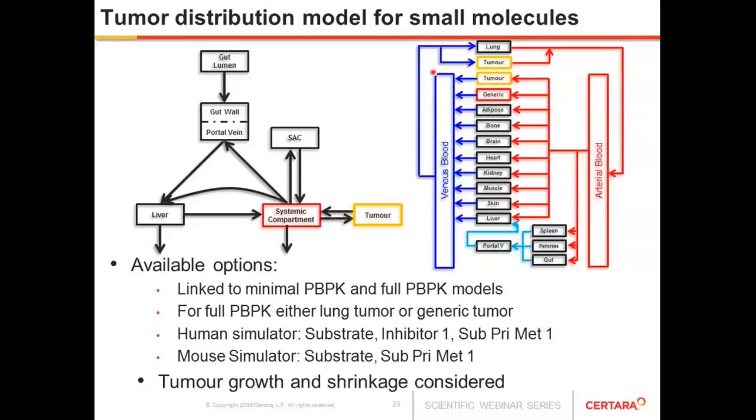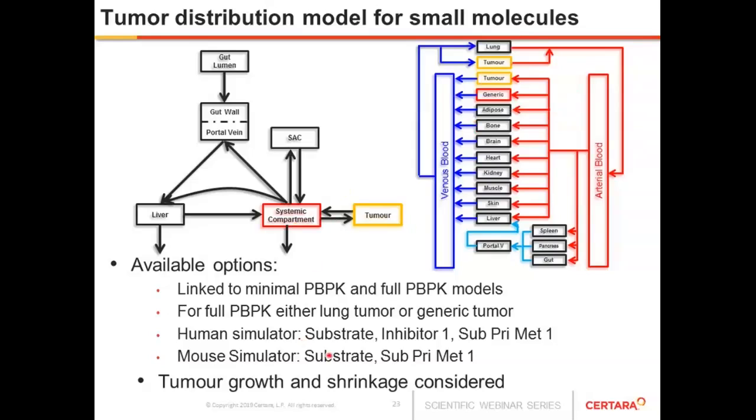Or in the full PBPK model, you can have it parallel as an additional organ modeled in this way, or you can specify a lung tumor. And the essential difference between these two is the blood flow that is received. So in this case, the lung tumor will receive venous blood, and the systemic tumor will receive arterial blood.